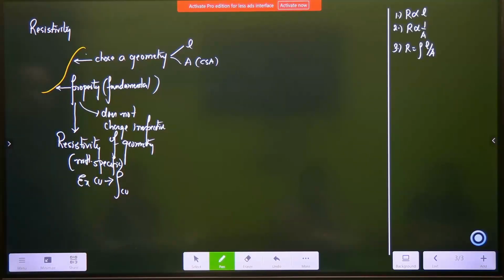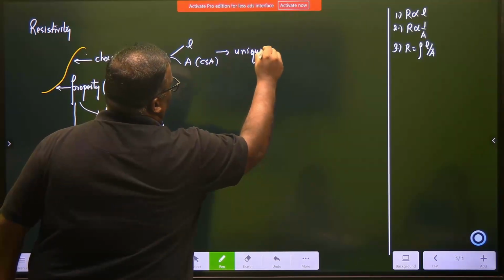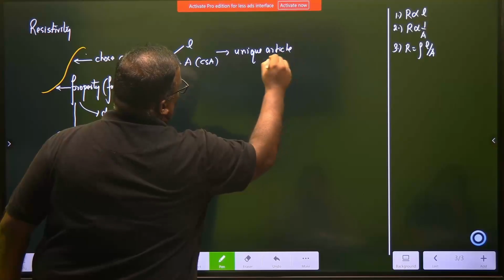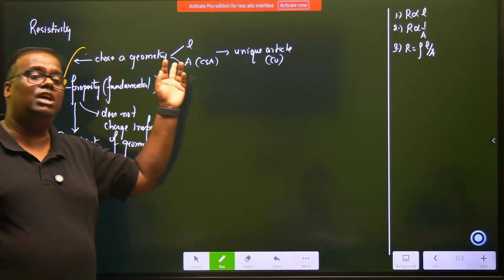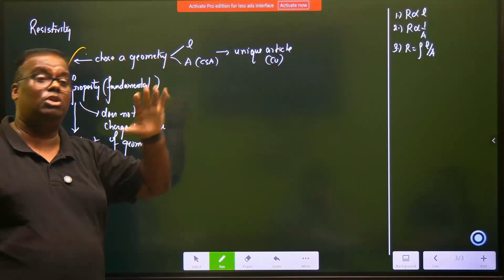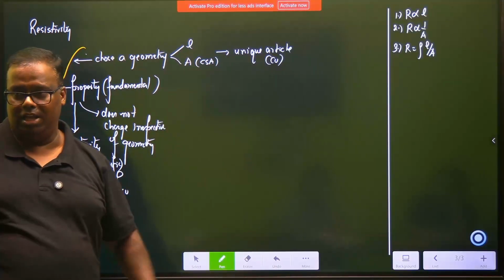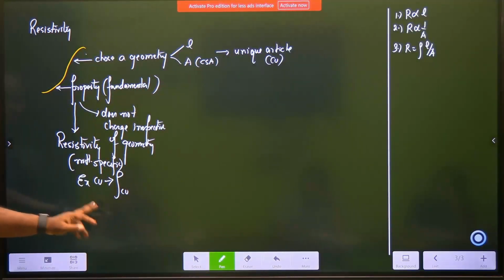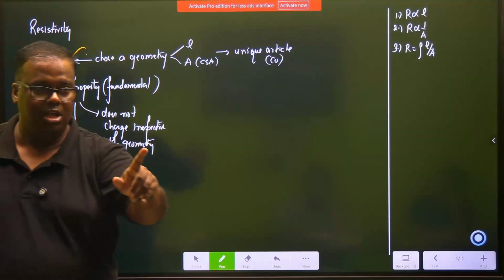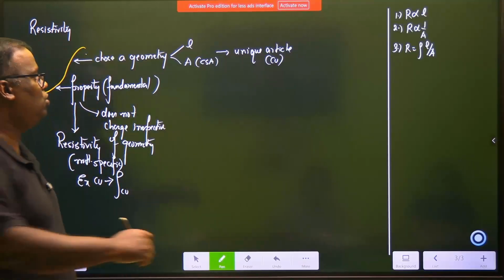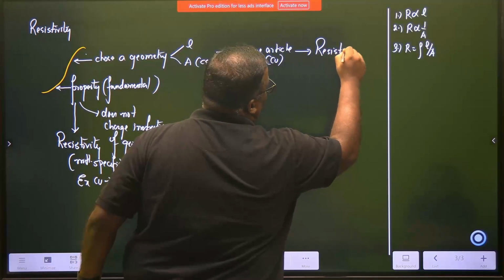Now, if you do this, you have a unique article, and say this article is made of copper. The size that Neha chose is completely different from the size that he chose, but your areas are the same. But our girl Zoe chose a completely different size, completely different area. All of you have the same basic material of construction, that is copper. So you all have been gifted with the same resistivity, but you all have created different articles. Once the article is frozen, you give birth to something known as resistance.